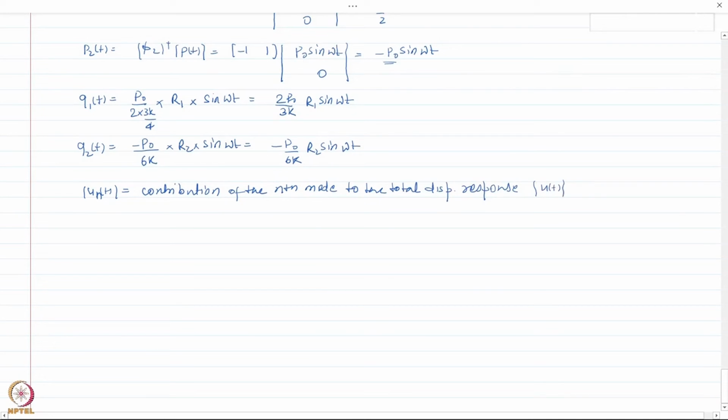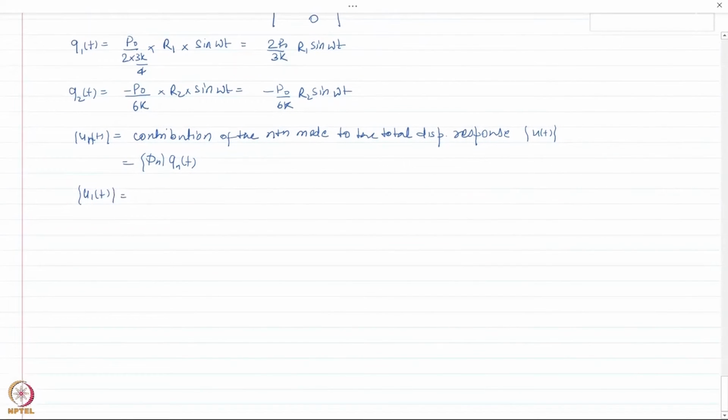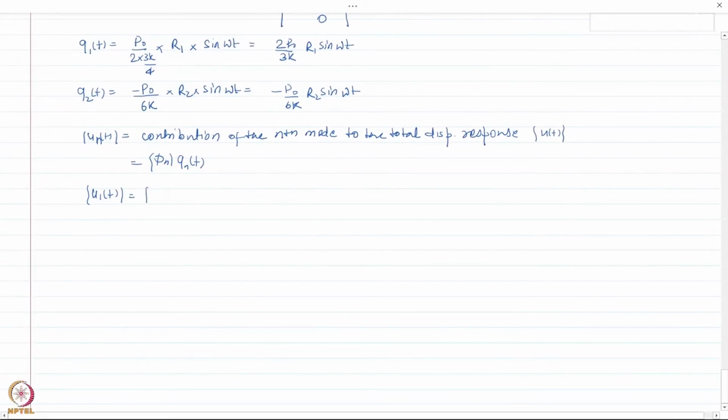So un(t) is obtained as phi n times qn(t). Let us first get the contribution of the first mode to the total response, which gives the displacement contribution at each degree of freedom. So u1 is half, 1 times 2P naught by 3K R1 sine omega t. Similarly, u2 is minus 1, 1 times minus P naught by 6K times R2 sine omega t.